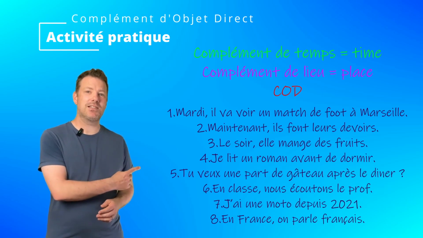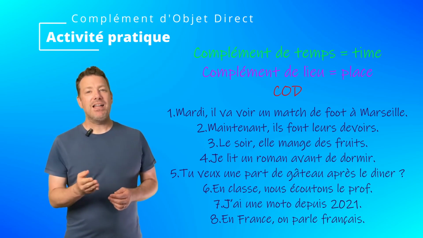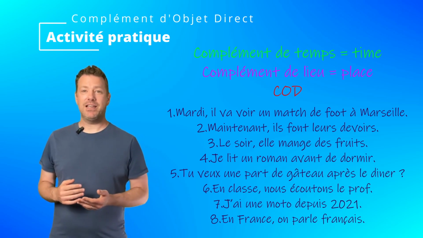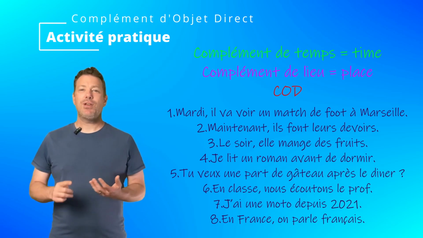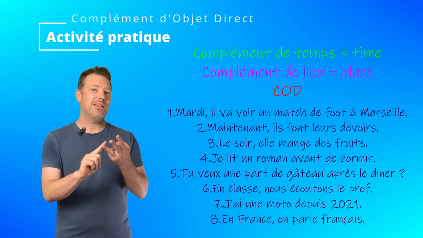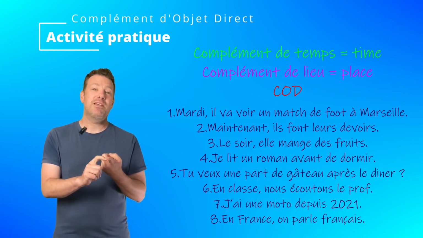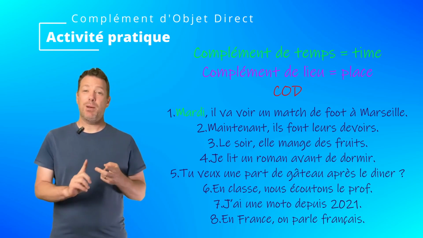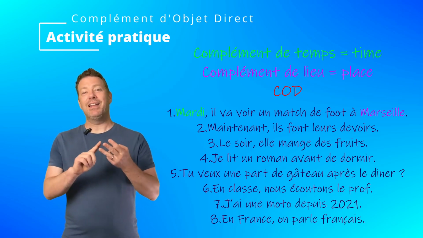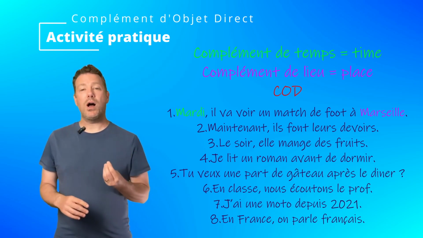Here are the sentences. The first one is, you can repeat that after me. Mardi, il va voir un match de foot à Marseille. So in that sentence, you have a complement of time, a complement of place, and a COD. Complement of time is mardi, that's right. Place is Marseille, of course. And the COD is il va voir quoi?